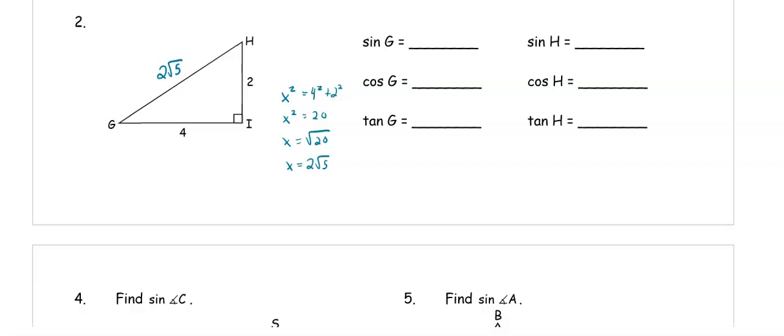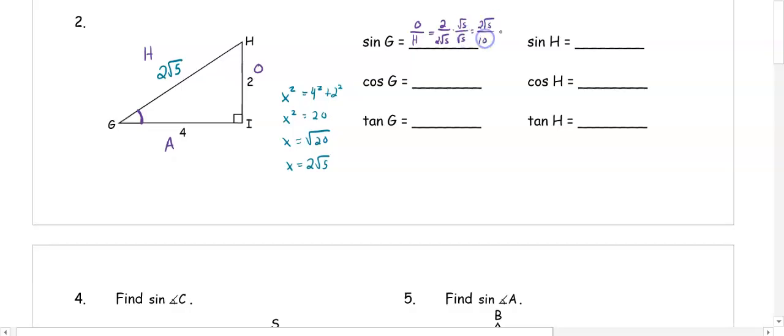So first we're going to start with our reference angle of G. So based off of G, we have opposite, hypotenuse, and adjacent. So our sine, which is opposite over hypotenuse, is 2 over 2√5, and we have to rationalize. So we get 2√5 over 10, which would be √5 over 5.